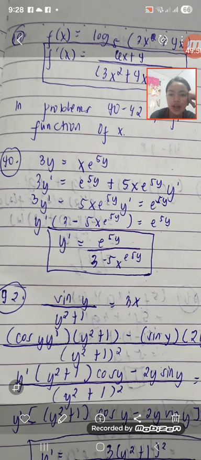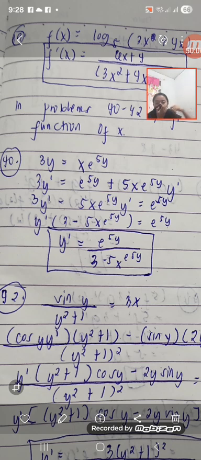So the first one we have here is 3y equals x e^(5y). So 3y prime is equal to e^(5y) plus 5x e^(5y) y prime. Why do we come up with this one?